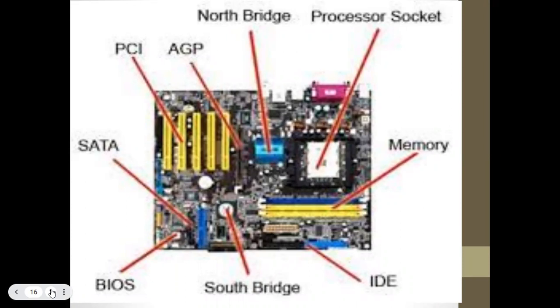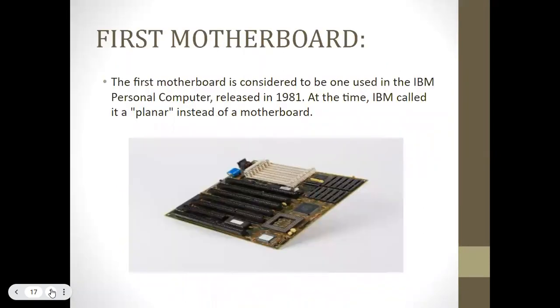These are different internal components required for the computer to work. History says that the first motherboard is considered to be the one used in IBM personal computers that were released in 1981. At that time, IBM called this component a planar instead of the motherboard.